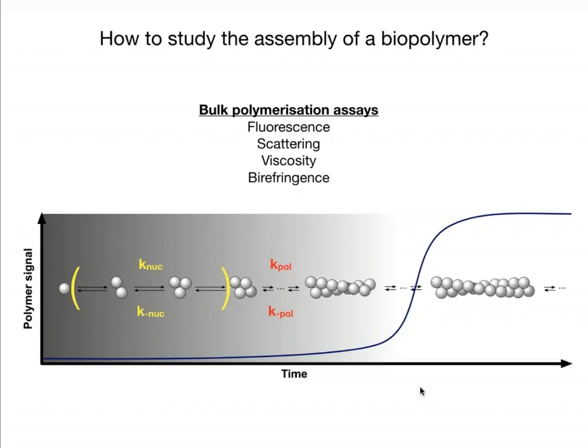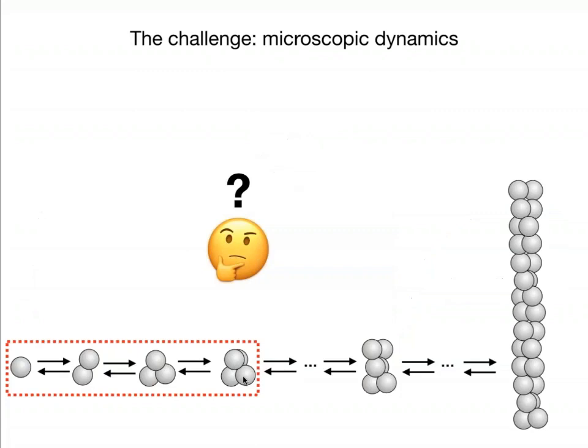But you don't really know what the species actually are that are involved in the molecular details. That means up until today, it's not really possible to extract the microscopic kinetic rate constants between these individual species, and you don't really know experimentally what species there are that do nucleate actin filaments.